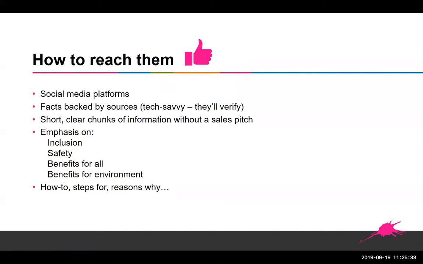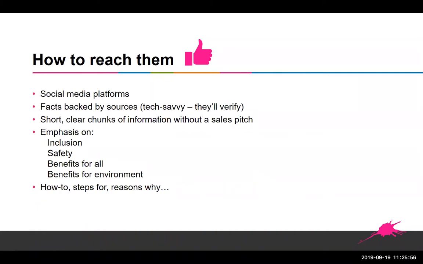And so that's what we are doing with this group. We really try to make sure that we've got those bases covered on social media. They are similar to the millennials in that they want short, bite-sized chunks of information with facts, and they will call you out and verify that information if you don't have it as part of your messaging.